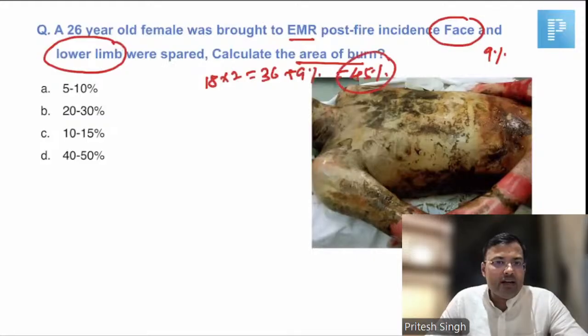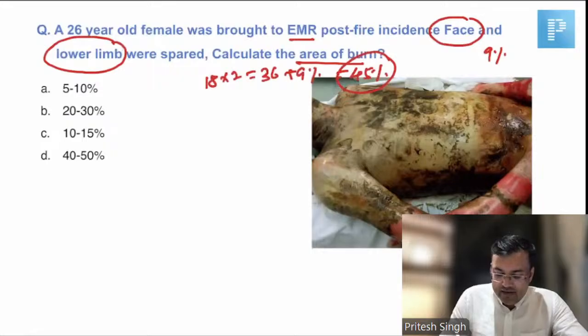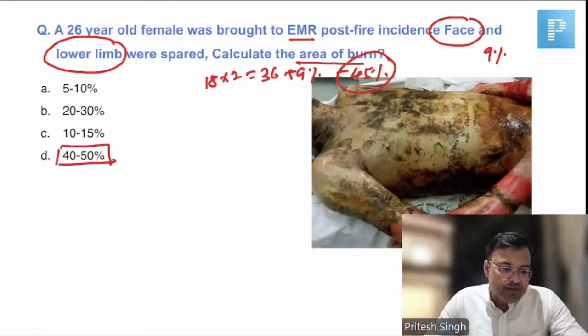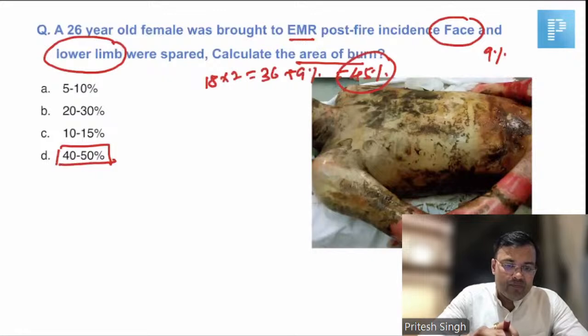So the area which is burnt is obviously 40 to 50%. Clear?